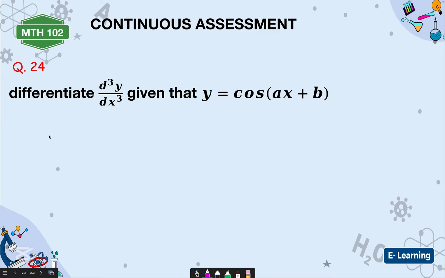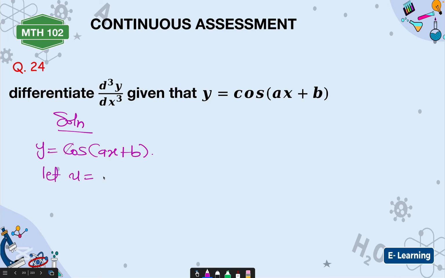Solution. First, write it again. y is cos(ax + b). All right.